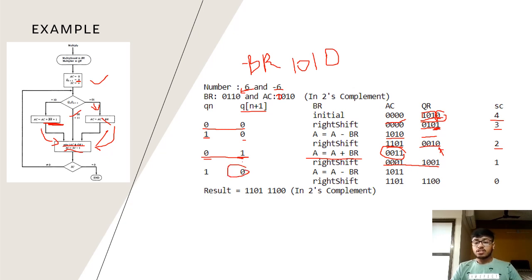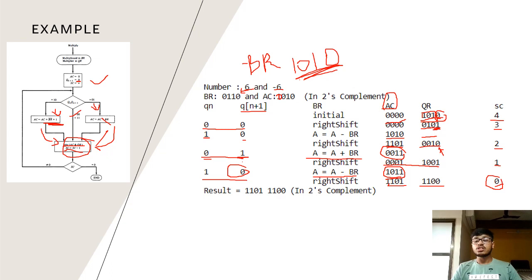Now the combination becomes 1 0, and for 1 0, we have to subtract BR. So after subtracting BR in this accumulator, that is 0 0 0 1 minus 0 1 1 0, we get 1 0 1 1. Now we will do shifting. After shifting, it becomes 1 1 0 1 1 1 0 0, and we will decrease the sequence counter by 1.